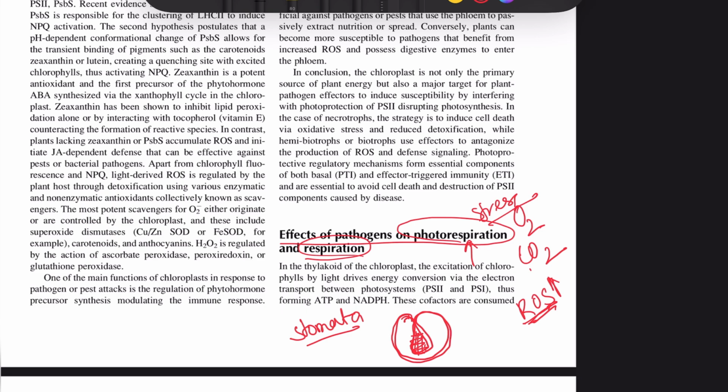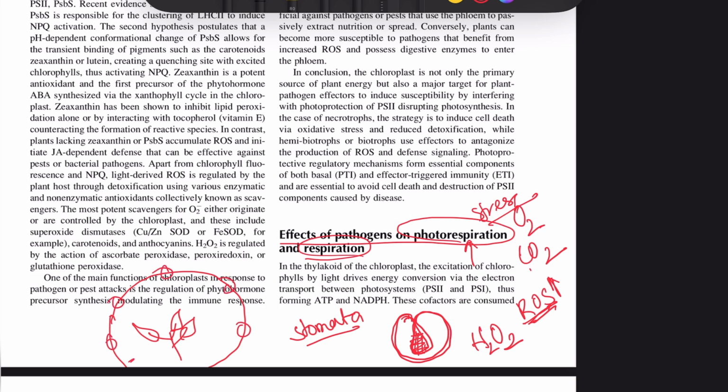H2O2 is a signaling molecule for plant defense. Plants are not that complex, but they are very clever. They have secured a boundary around them, and there are so many soldiers around it.